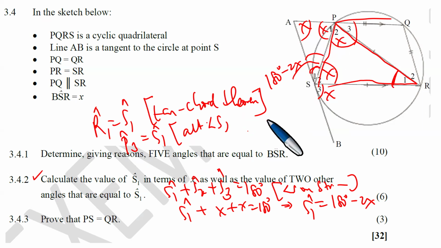Because AQ is parallel to SR. Okay, what else? So yeah, we found two other angles. So R1 and P3 that are both equal to S1. So we found two other angles equal to S1.